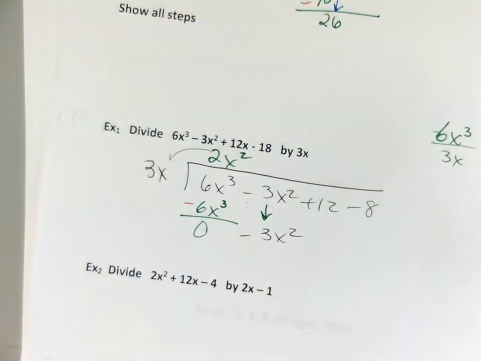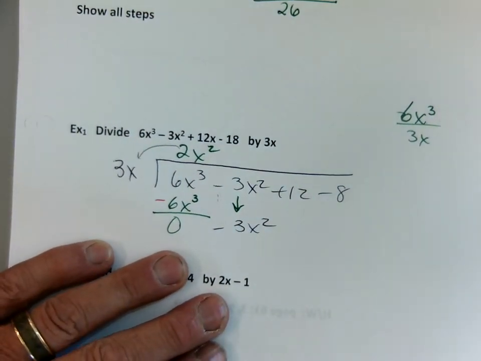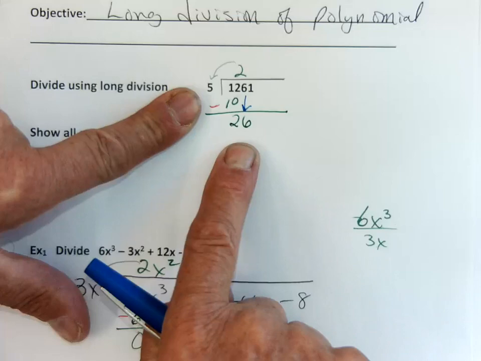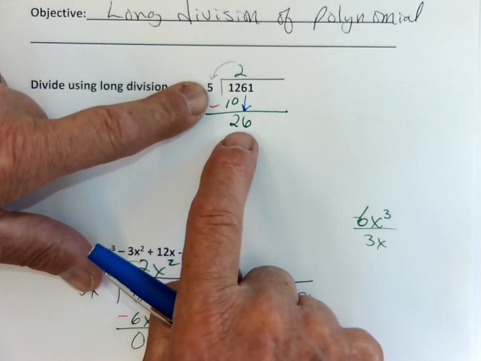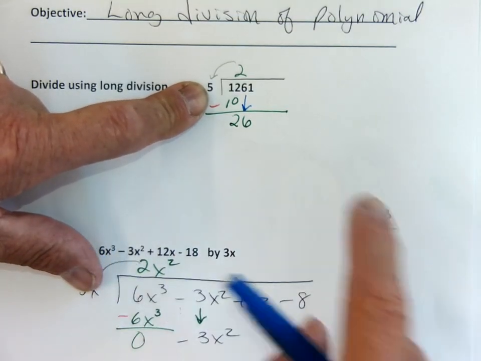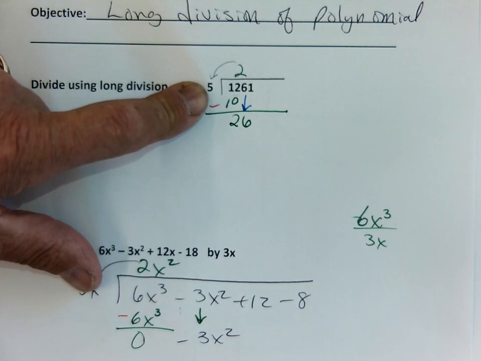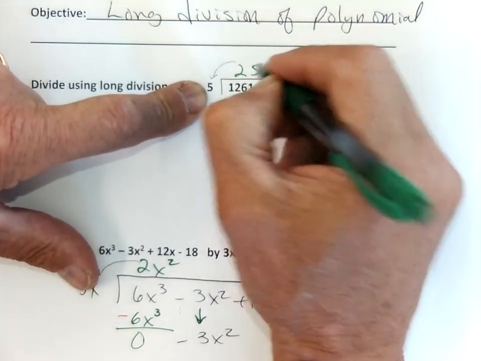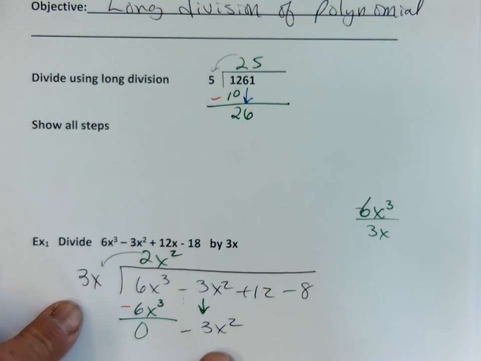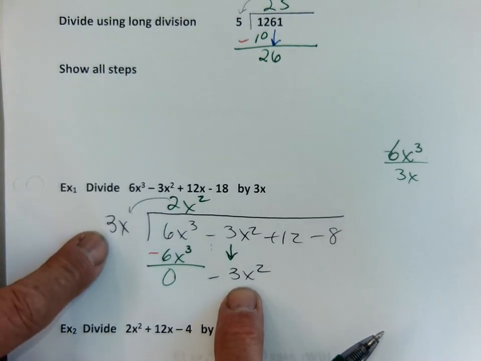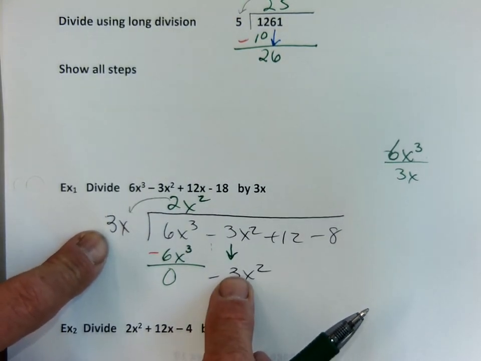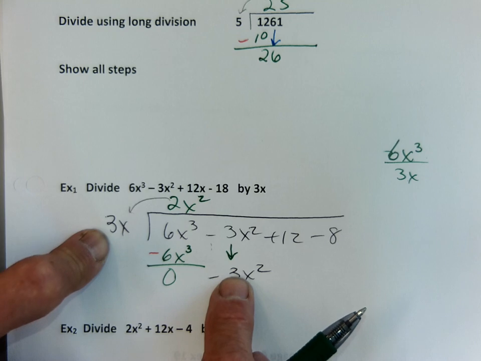So let me keep going. So then we did the same thing. 5 goes into 26 5 times, right? So I'm going to put a 5 up here. And we'll do the same thing down here. Exact same stuff. 3x goes into negative 3x squared, a negative 1x times, okay?